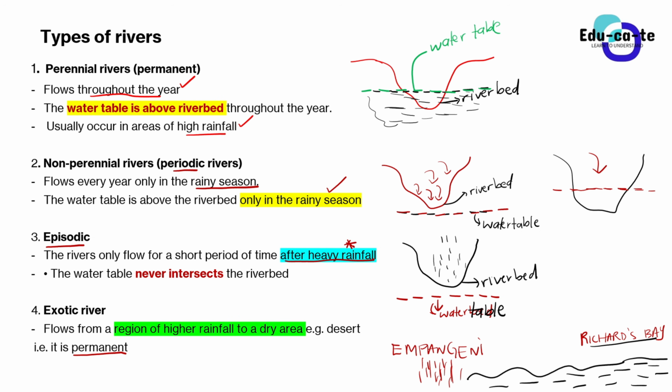So for an exotic river, it continues being permanent. So you can just say an exotic river flows from a permanent river. Because here at Empangeni there is permanently high rainfall, but due to the dryness of Richards Bay, the river will flow from Empangeni to Richards Bay, and that river will be known as an exotic river.